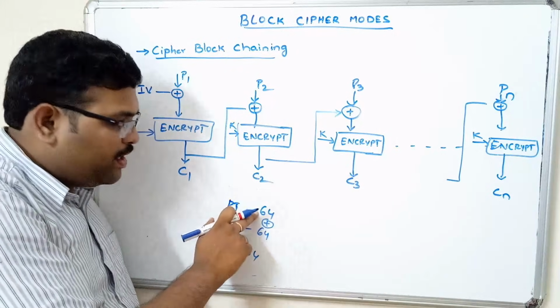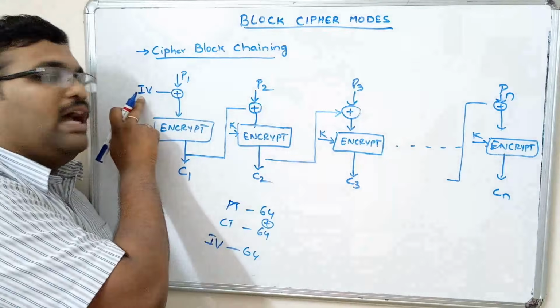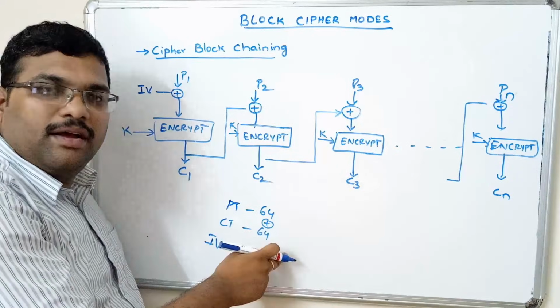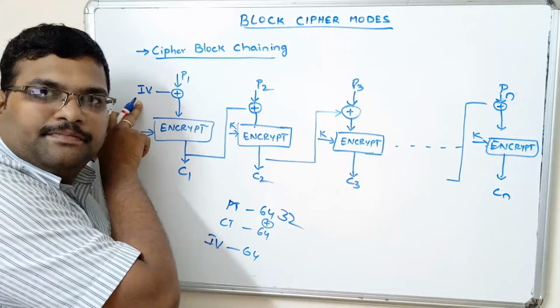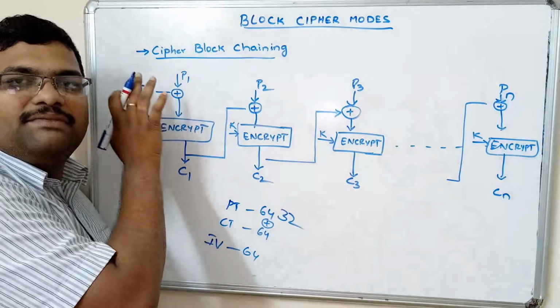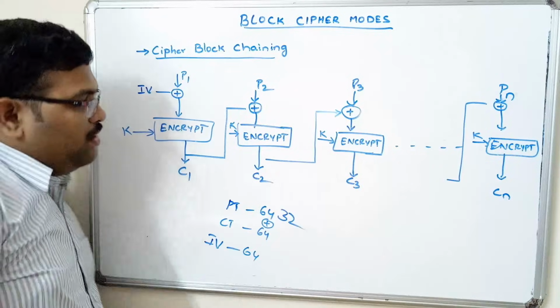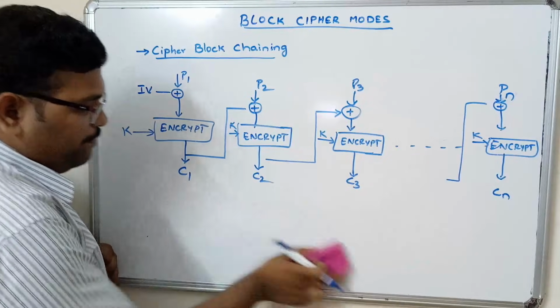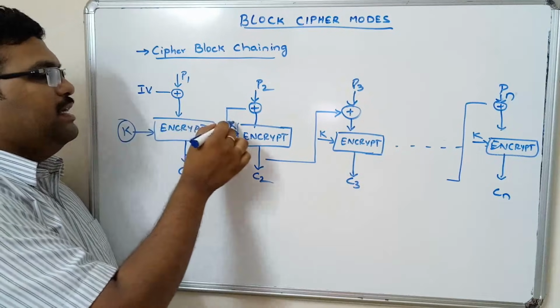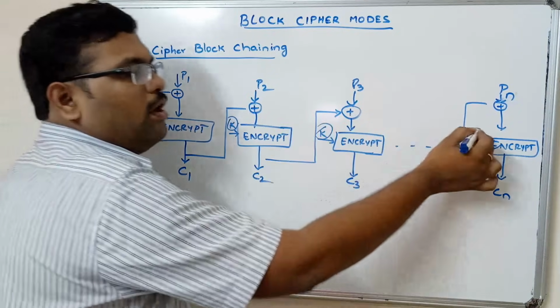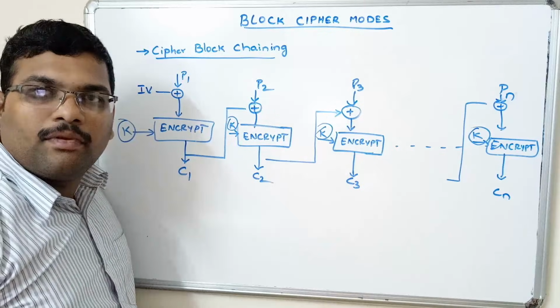For example, if it is a 64, IV should be taken as a 64 bit. If it is 32, IV should be taken as a 32. So this is the initialization vector, right? So here also we have to apply the same key for all the blocks, right?